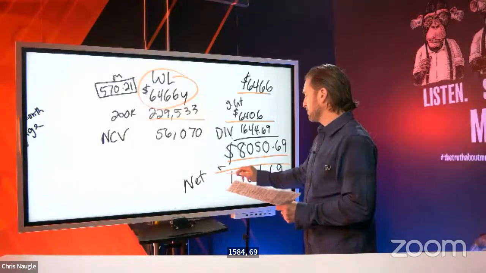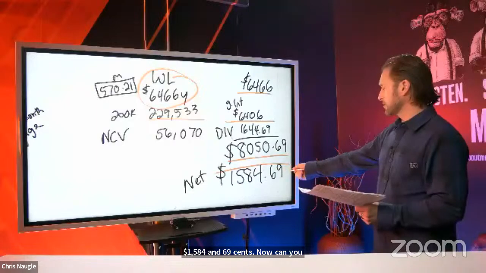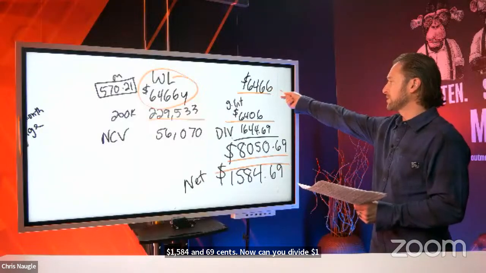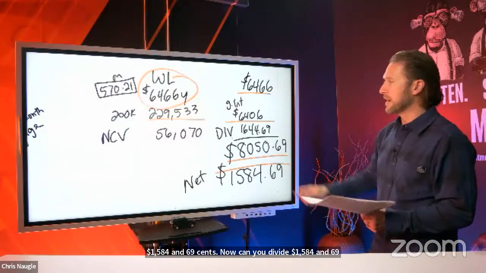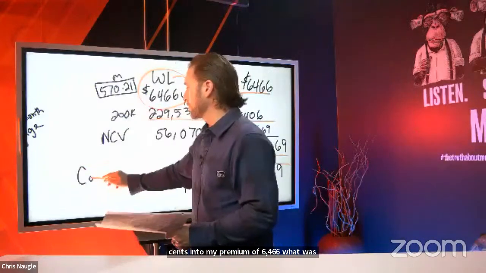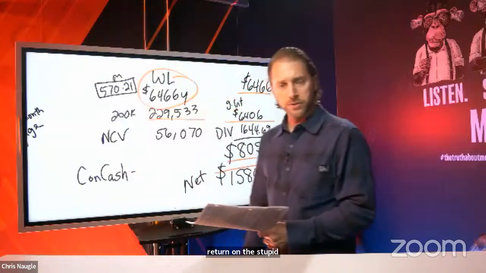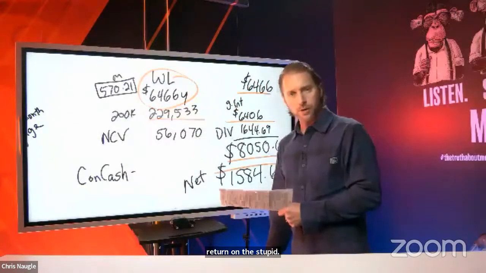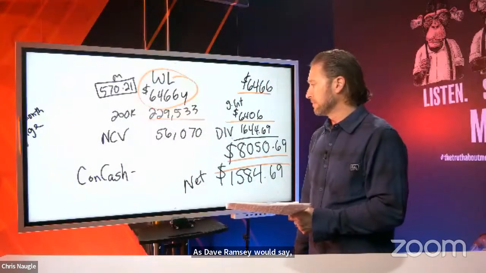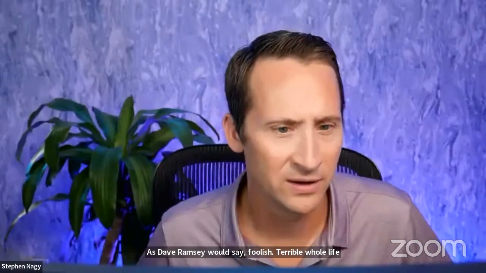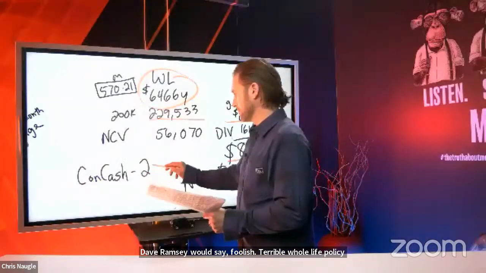Now, can you divide $1,584.69 into my premium of 6,466? What was my cash on cash return on this stupid, as Dave Ramsey would say, foolish, terrible whole life policy? Probably 24%. 24.5, yeah. We gotta move the decimal point a little bit.